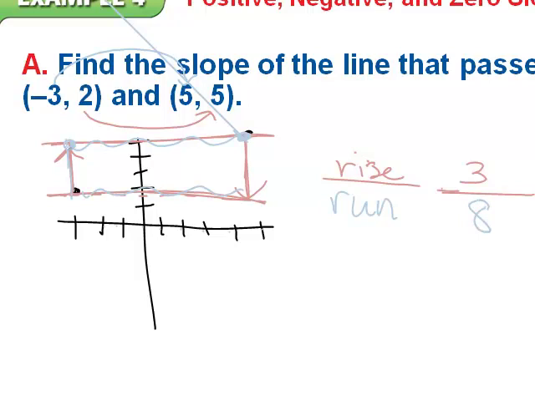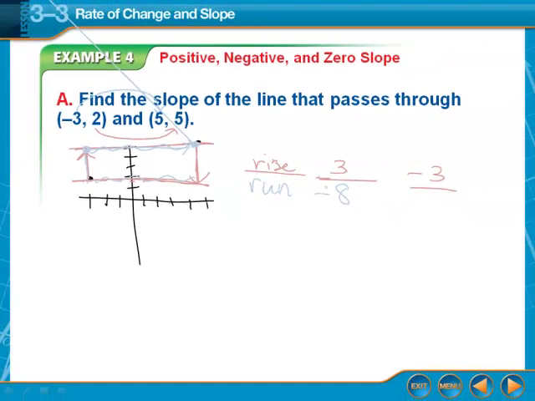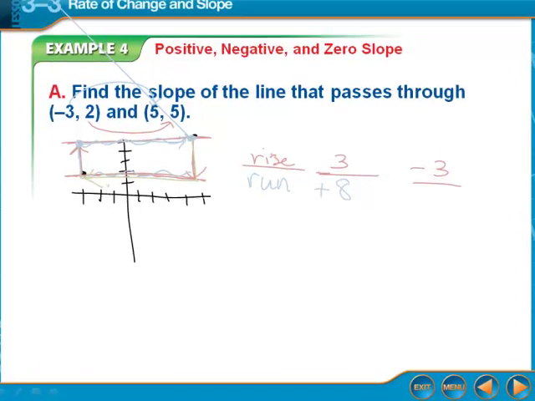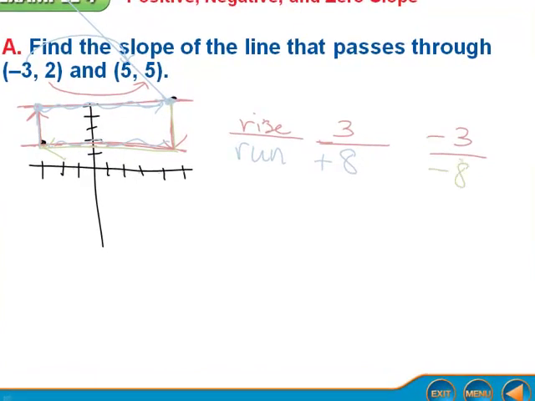If I go up and over, that is a +8. If I go the other direction, down and back, there's that -3 and a -8. Do the math. It's the same thing. Your rate of change, your change in your y's compared to your change in your x's, is 3 to 8.